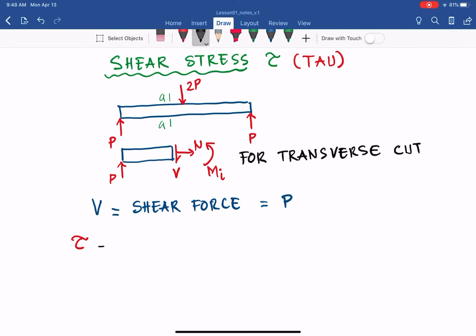Tau is parallel to the cut face, which is different from the normal stress, which is perpendicular to the cut face.